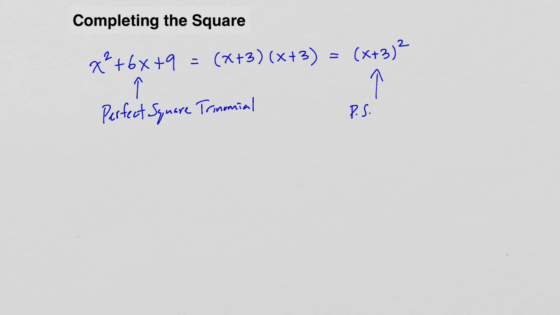Okay? So for example, if I had x squared plus 10x plus 25, we could verify that this is also a perfect square trinomial because it factors into x plus 5 quantity squared. Why is that? Well, because 5 plus 5 is 10, and 5 times 5 is 25.